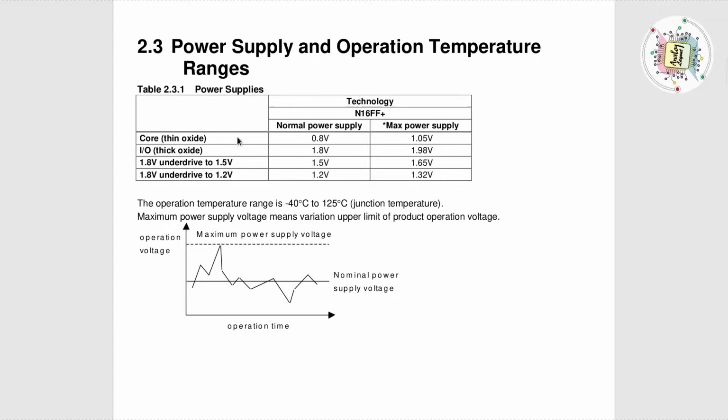If you ask the question, why do the core devices have the lowest voltage rating and the IO devices the highest voltage rating, the answer is this. From the power consumption point of view, the core devices should work at as low a voltage as possible, because power consumption depends completely on the operating voltage.